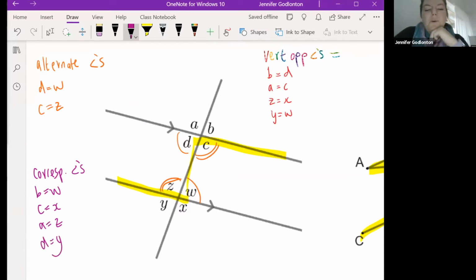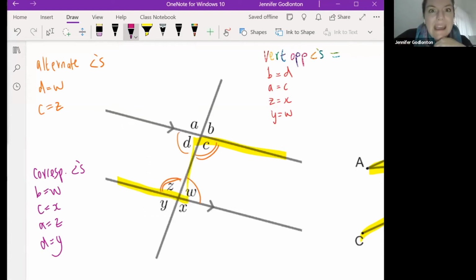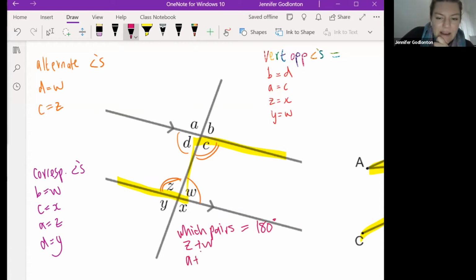I'm actually going to ask one more question while we're here. I would like to know which pairs, as in two, which pairs equal 180 degrees? Now be very careful with how we write this. So Z and W, good. Z plus W, good. A plus B, good.